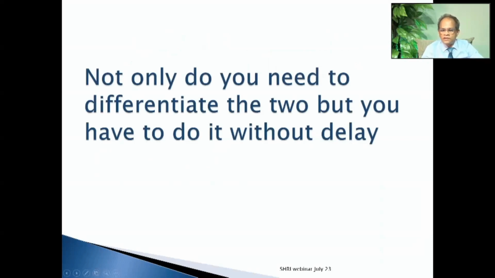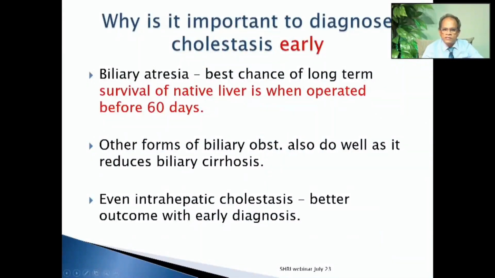There is no point really diagnosing a cholestatic jaundice or differentiating a cholestatic from non-cholestatic at the end of 3 months. You have to do it within the first few weeks, or at least within 1 month, to prevent subsequent complications, and eventually sometimes it will end up in death. And why is it important to diagnose cholestasis early?